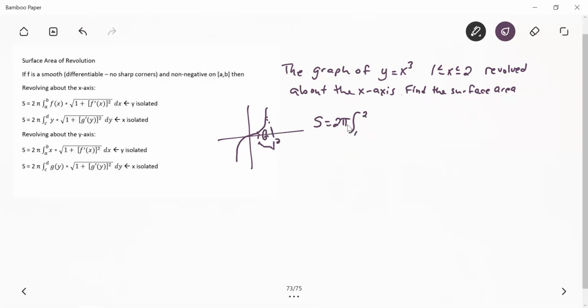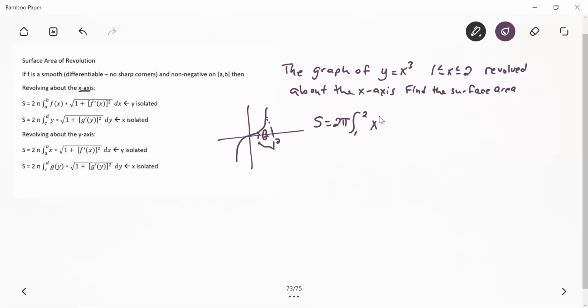And because this is about the x-axis, I look at the x-axis function, and because our y is isolated, that means it's y equals x cubed.